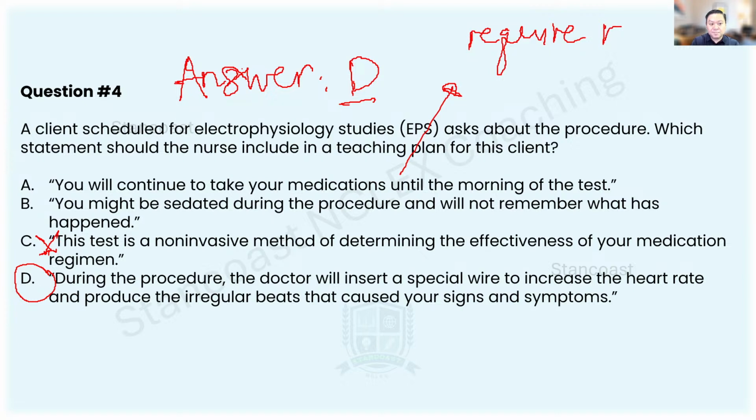Let me just put here withholding specific medication until the morning of the test. Okay, so you're not supposed to be telling this. You will continue to take your medications until the morning. So possibly they will require withholding those other medications. So eliminate that. What about letter B?